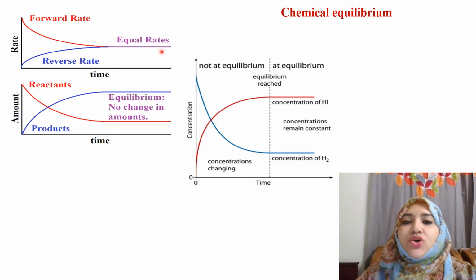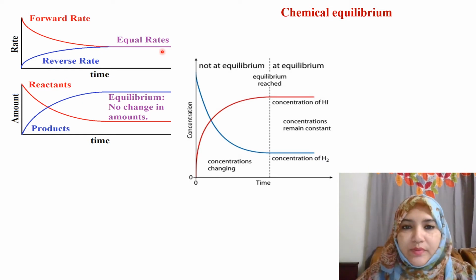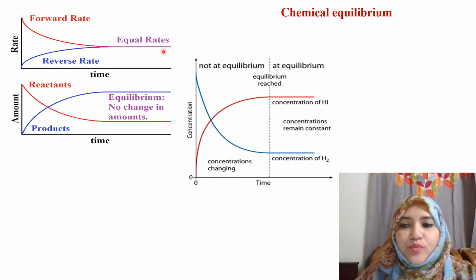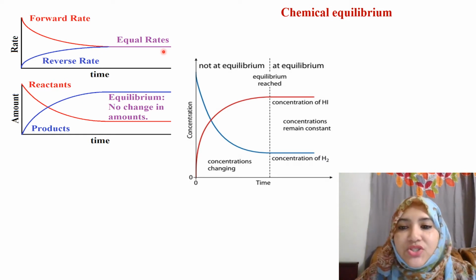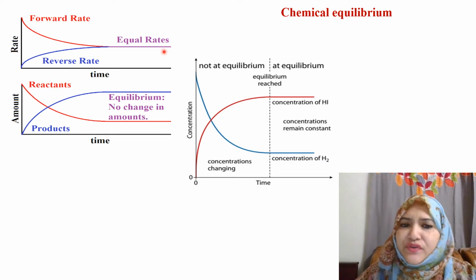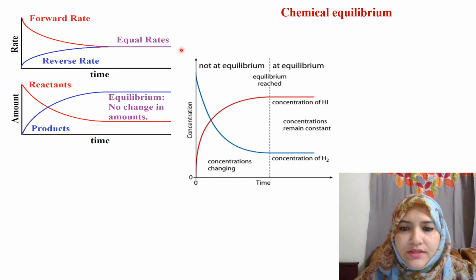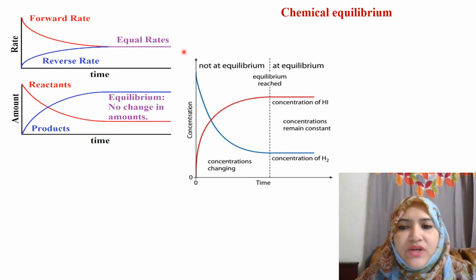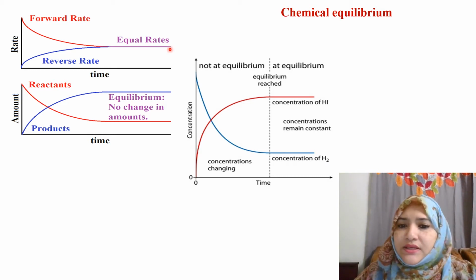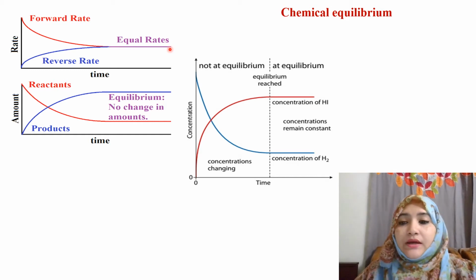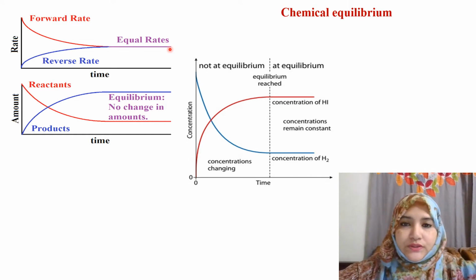This is called a dynamic equilibrium, because both processes are occurring simultaneously, and even though no visible change is observed, it appears that the reaction has stopped. Apparently it seems the reaction has stopped, but in reality it has not.